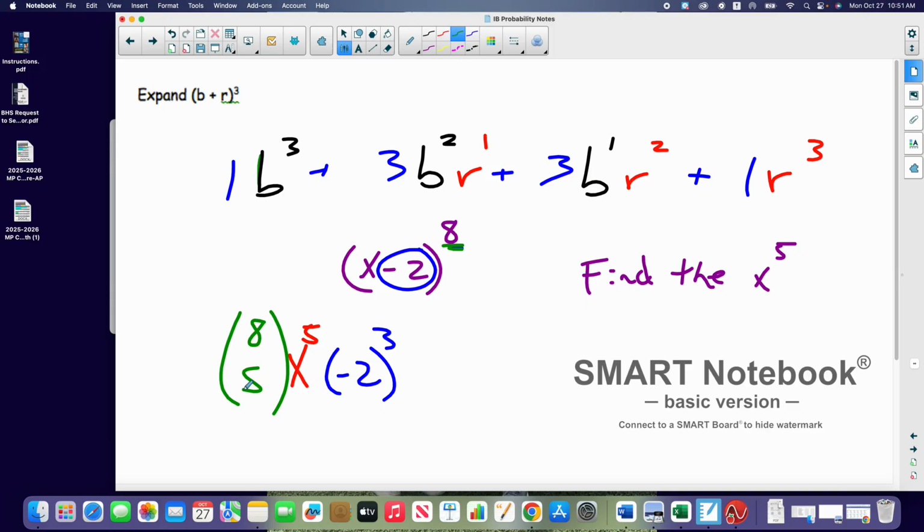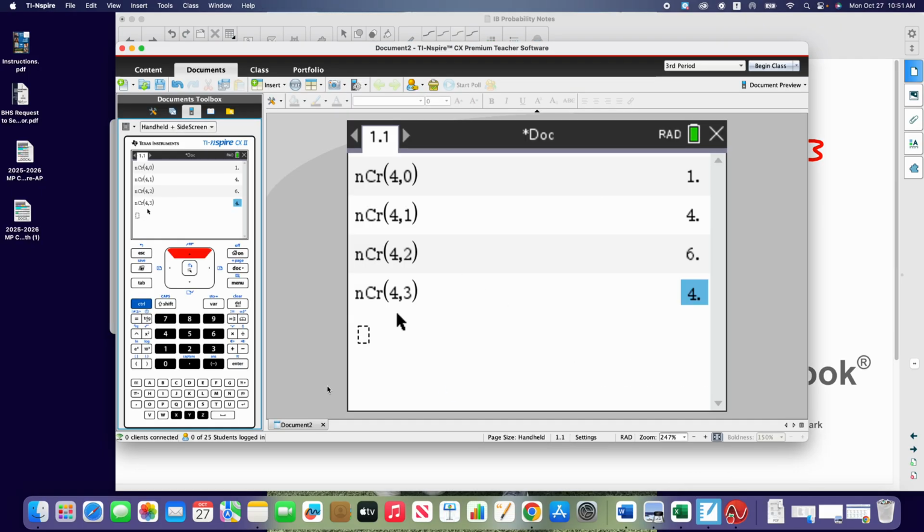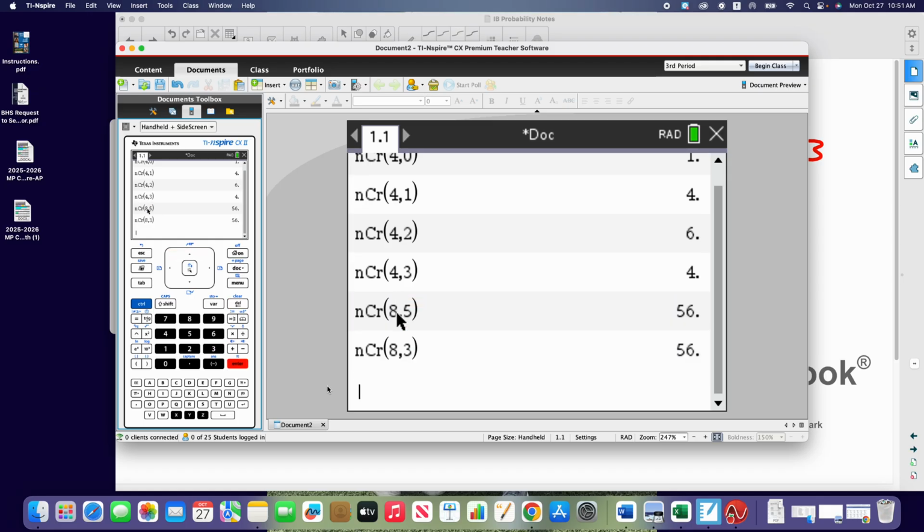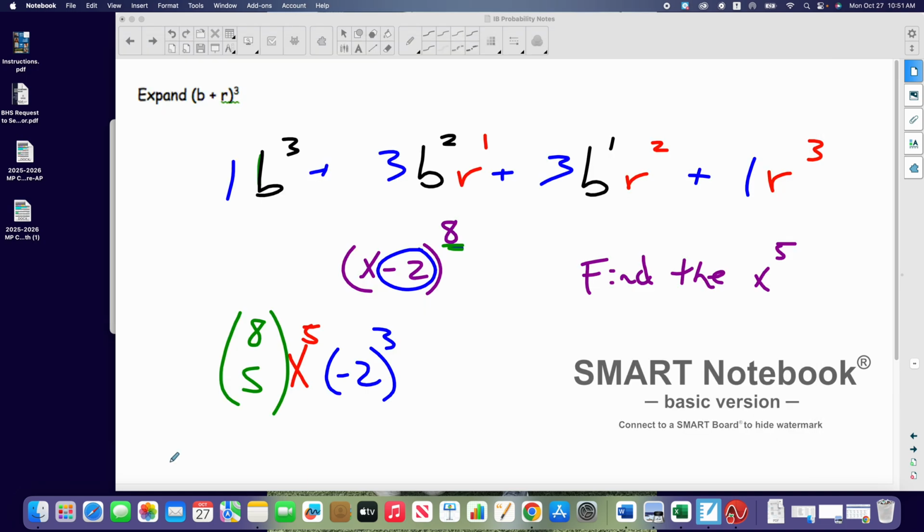So I'm going to go to my calculator and I'm going to go combination. I'm going to go 8 choose 5, or if you did the other one, 8 choose 3. Got 56 on either one of those. Okay? So this green is 56. What's the blue right here? What is negative 2 cubed?